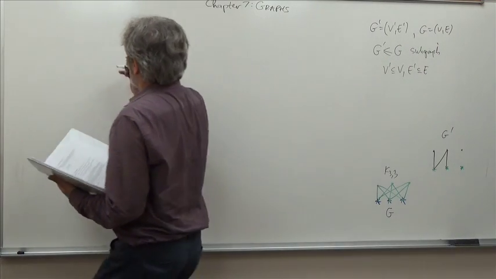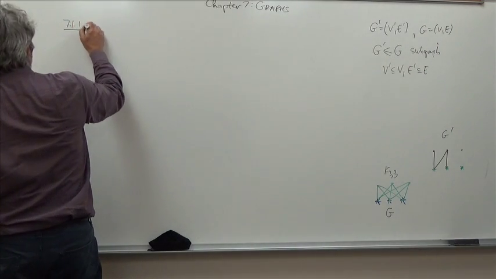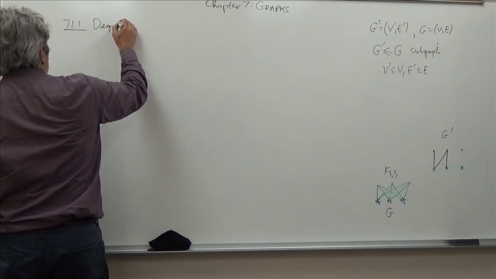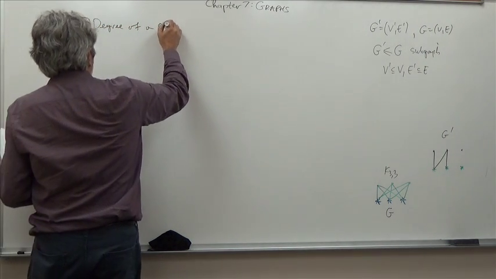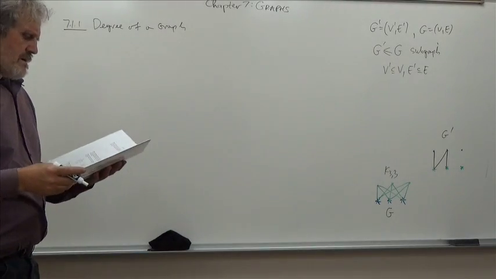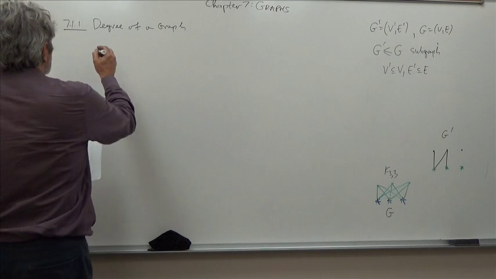Section 7.1.1 is about degree of a graph. So here's the definition.